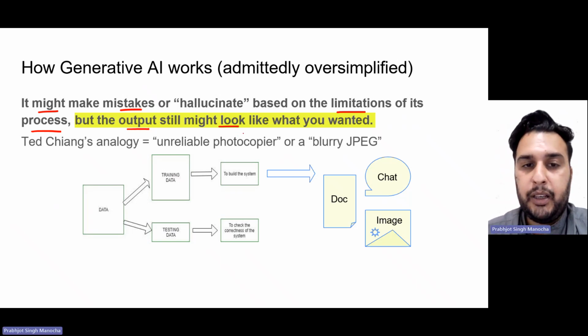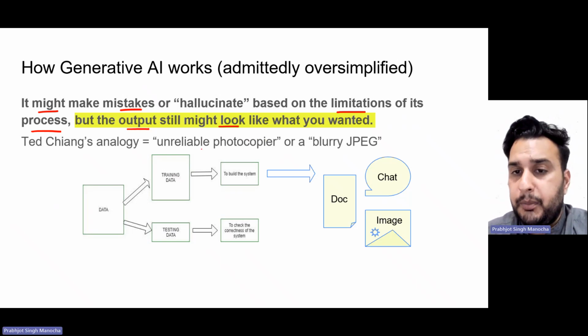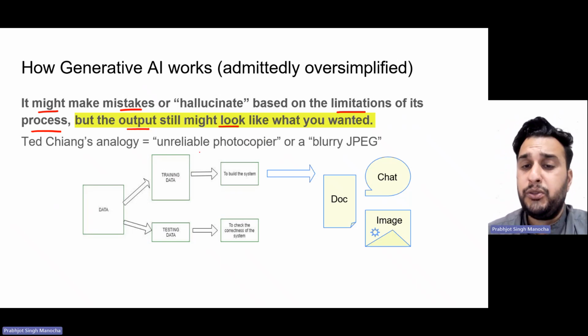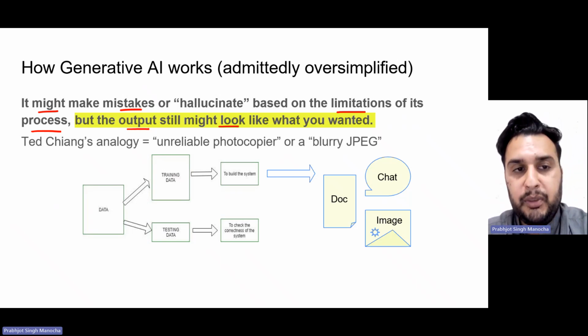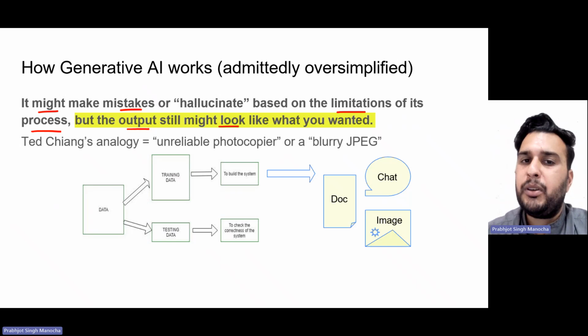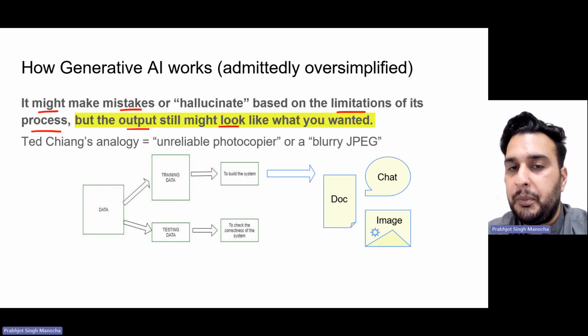For example, I've just been using a tool and asked it to generate an image of something. Yes, it will be able to generate what we are expecting, but we expect some limitation or mistake in understanding.